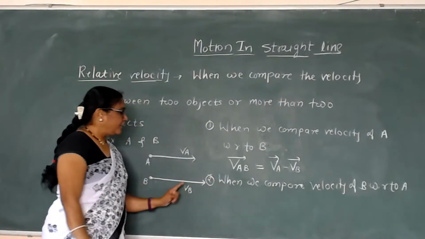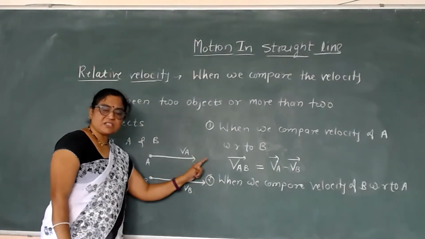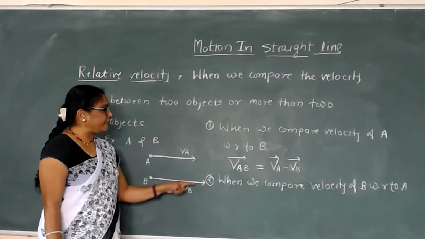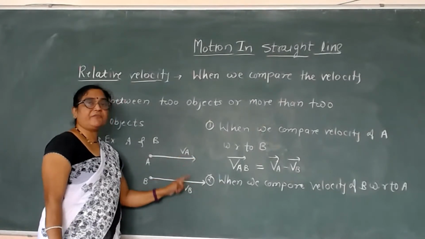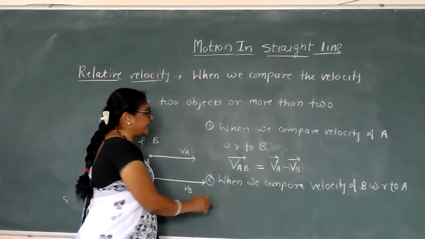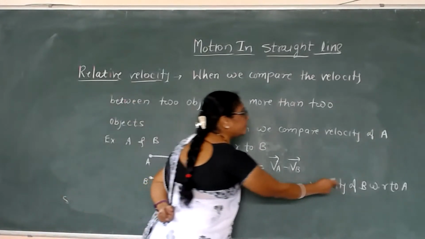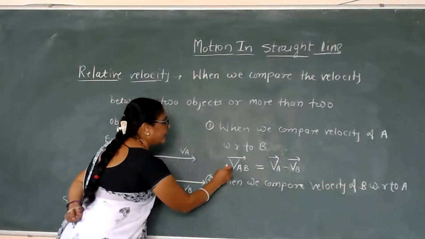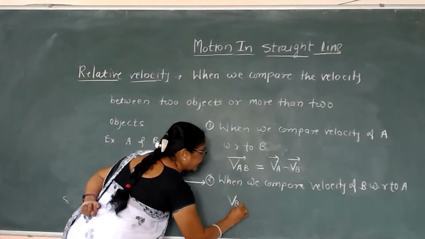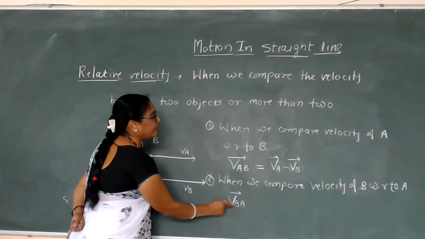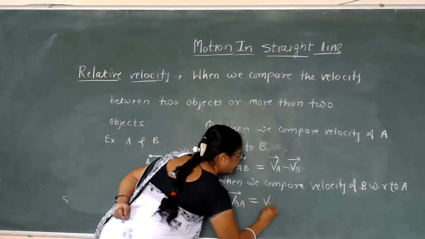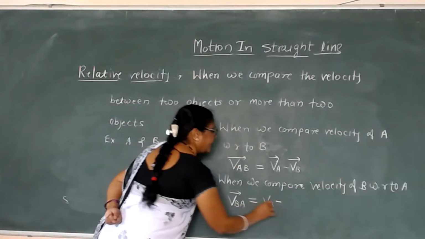When we compare B with A, we say that B is moving faster than A. Therefore, when we compare the velocity of B with respect to A, we write the formula VBA. This is the relative velocity formula: VBA is equal to VB minus VA.